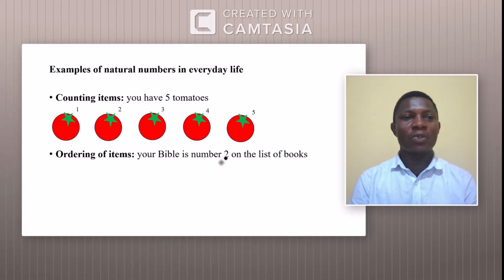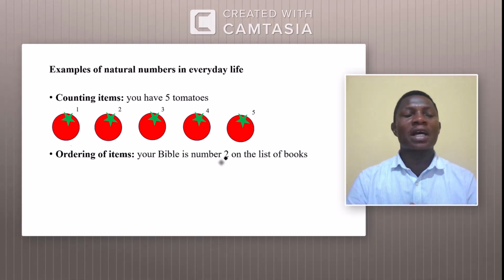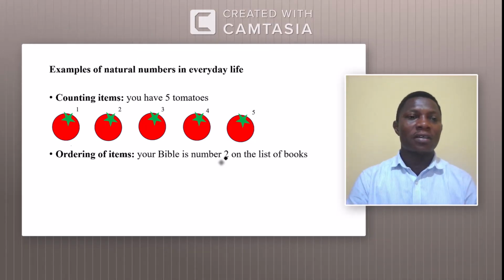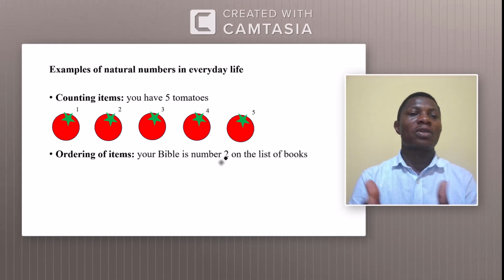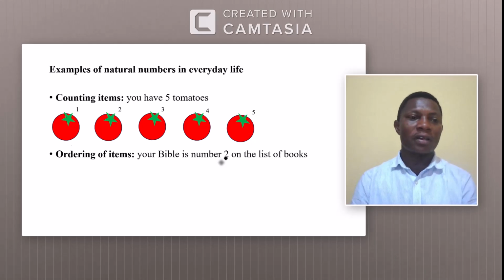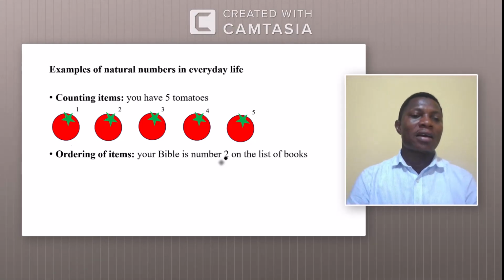So we can use natural numbers to order items. Also we can talk about positioning of students after they have written an examination. Kojo is first, Ama is second, Kwesi is third, Yao is fourth, based on their performances. So we just assign the numbers to them for their arrangement. That is another use of natural numbers.